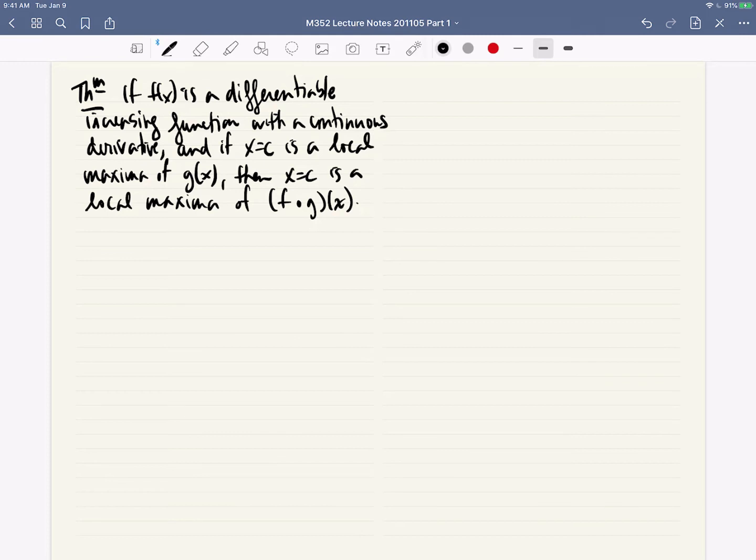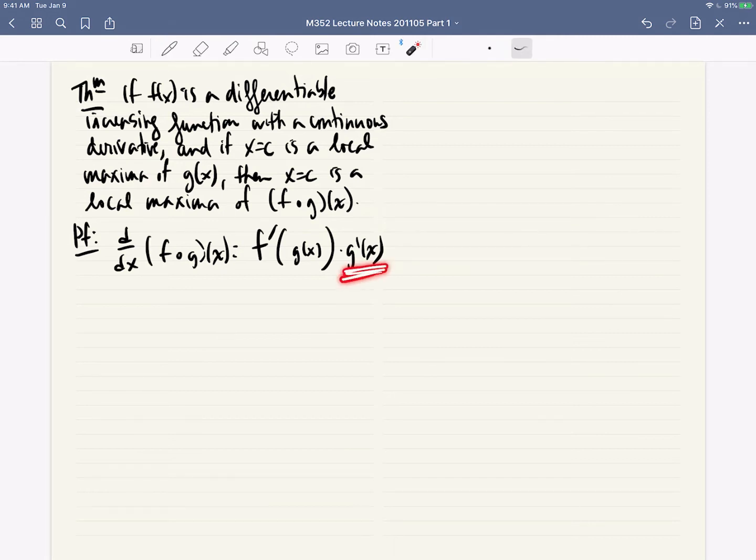So why is this true? We'll just keep this short and sweet. Well, if you look at the derivative of this composition function, the chain rule tells us that's the product of the derivatives. And if at x equals c this is 0, then this whole thing is 0. So that tells you that x equals c could be a local maxima.